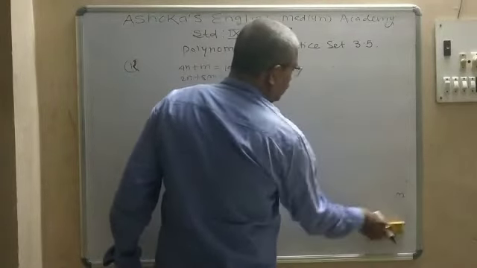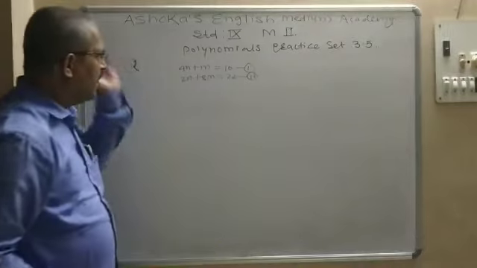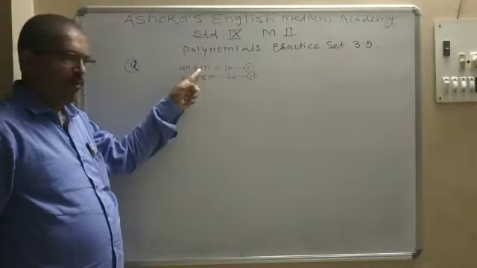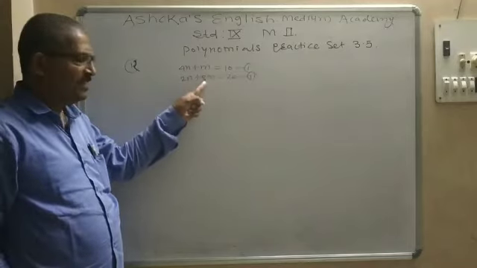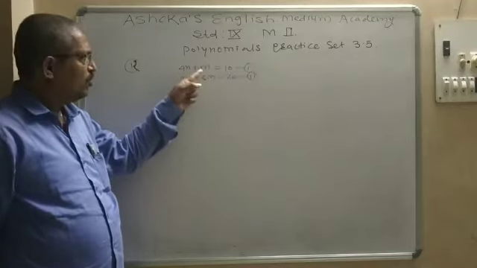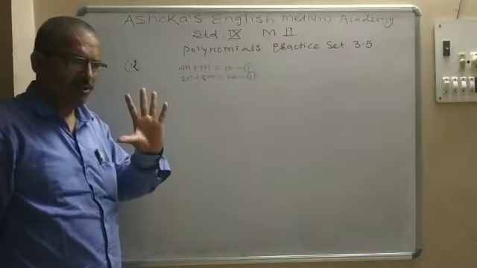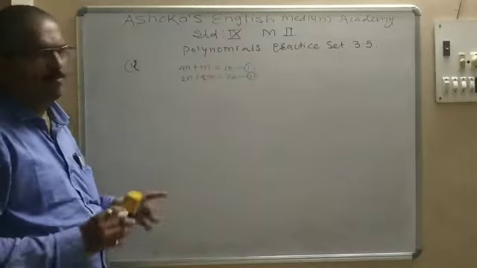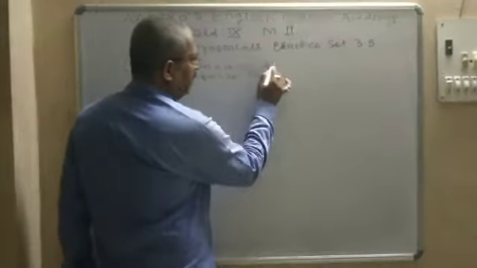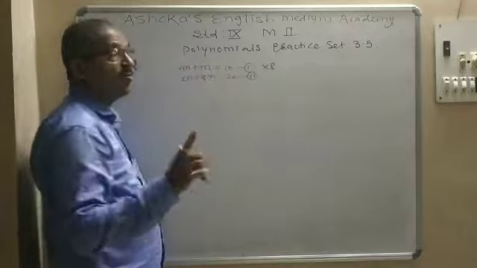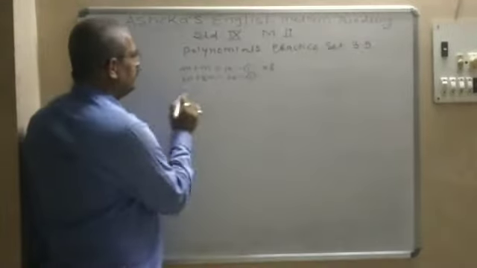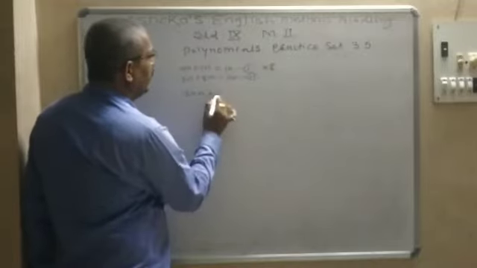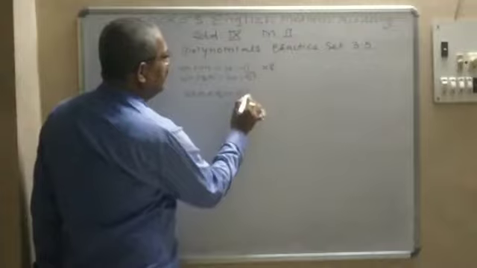If you observe both equations, the coefficient of m is 1 here and the coefficient of m is 8 in the second equation. So we have to equalize the coefficient of m. It is better that we multiply the first equation by 8. Then 8 fours are 32n, 8 into m is 8m, 10 eights are 80.